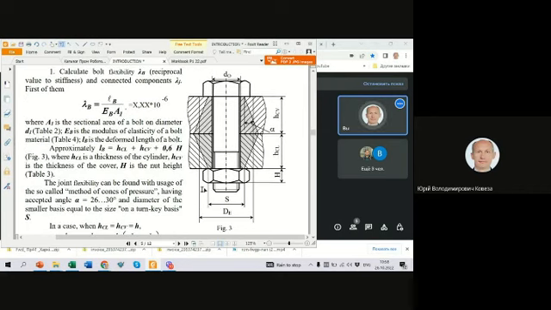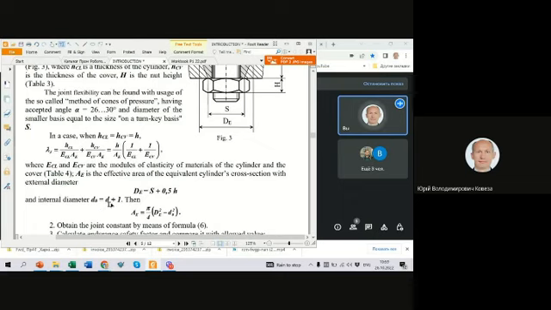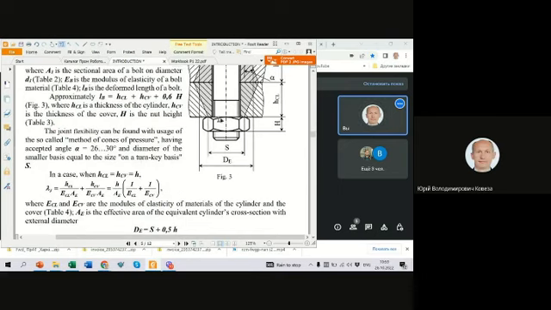AE is pi over 4 times DE square minus D0 square. D0 is the hole diameter. The bolt is placed in a hole with a clearance, that's why we should take the smallest diameter. Hole diameter D0 is D, the outside thread diameter, plus 1 millimeter.